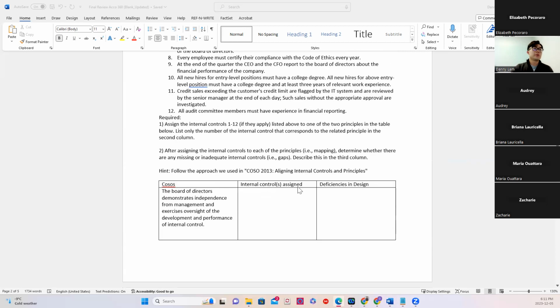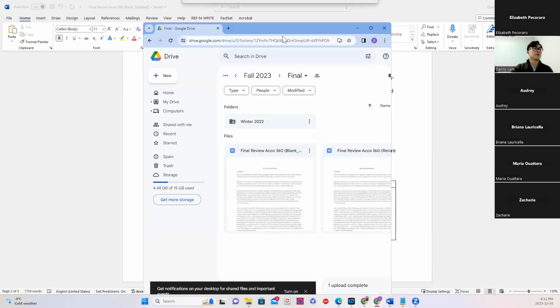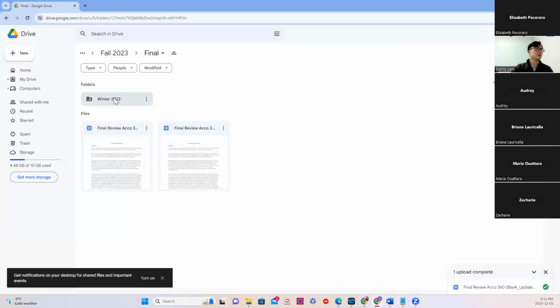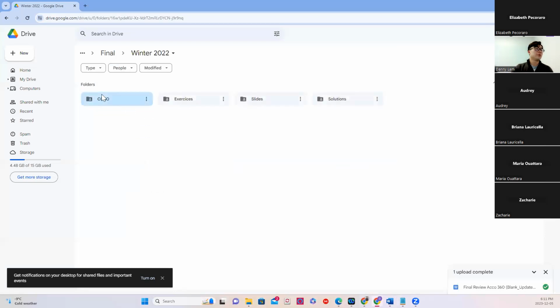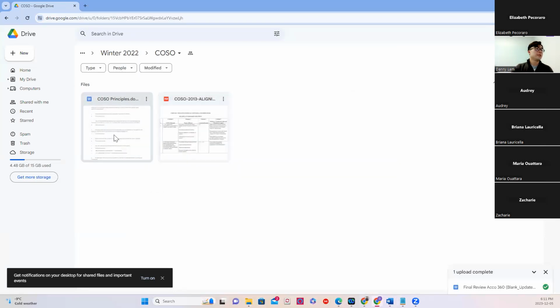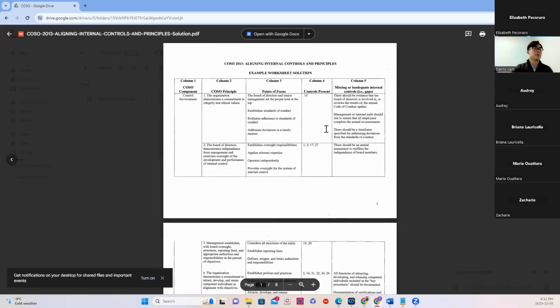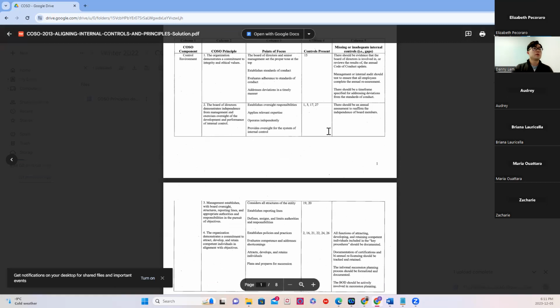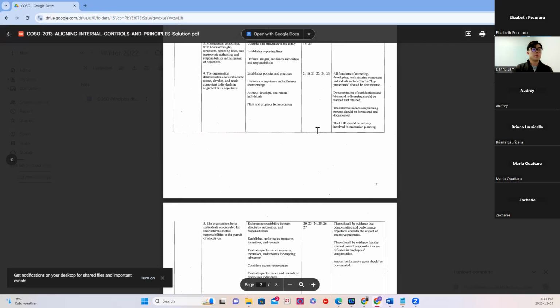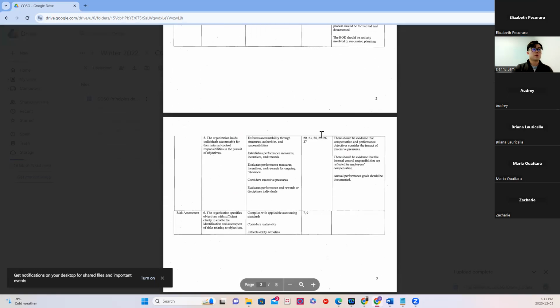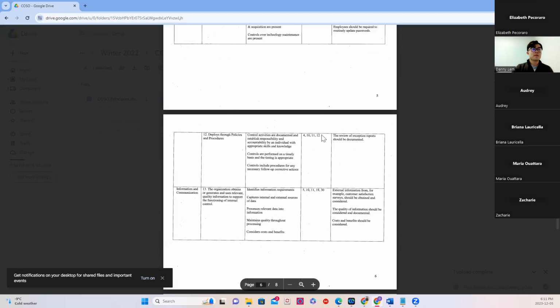So COSO here: internal controls assigned, deficiencies in design. I'll just show you the table. I put it in here for you guys. You go in the folder, then COSO. Then you can see this monster right here. You remember this, Elizabeth? We did something very similar in class as exercises.